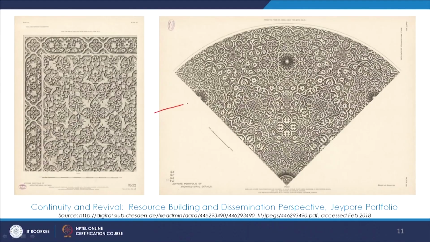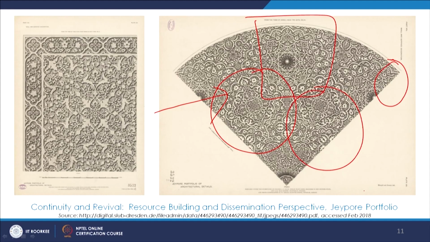Again, if we see over here, it's a very exquisite detail, very intricately carved, and all the details over here, which period it belongs to, and the plate number and everything is over here. So all that effort is worth it, and it has been preserved.